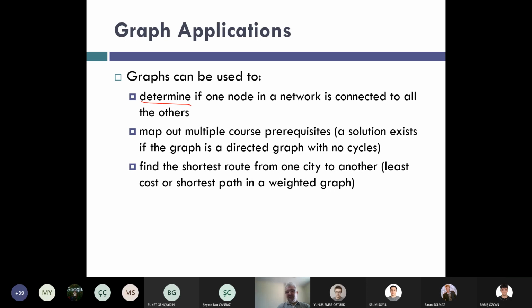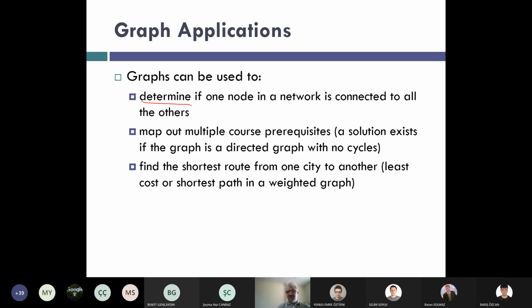Or the graph may represent the course prerequisites, and we may try to find a sequence of courses that we are going to take, which satisfies these prerequisites.